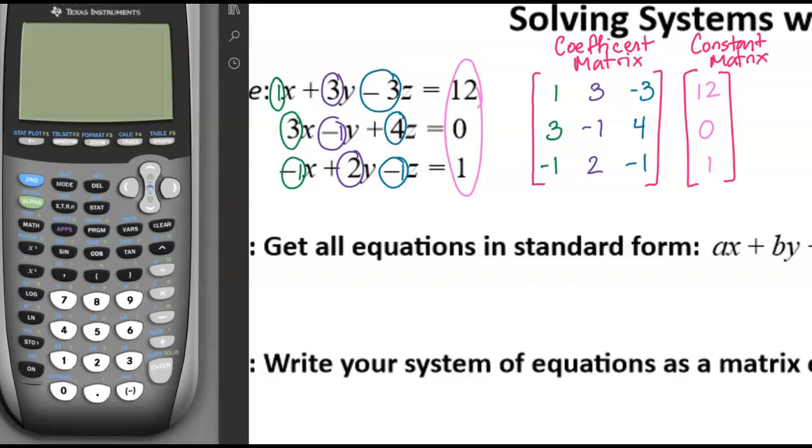What's the symbol for inversing something? You may not know, so I may just tell you. Inverse is raising something to the -1 power. So I'm raising that first matrix to the power of -1.